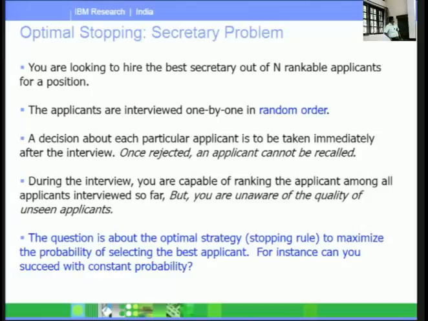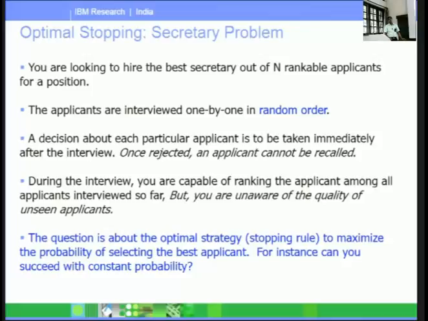But the rule of the game is that you cannot test all of them simultaneously. They will come to you one by one according to some random order. You have to interview them one by one, and you have a test which is very unique. When you interview the candidate, you will get to know a score for that candidate, but I will not tell you what the range of the score is.